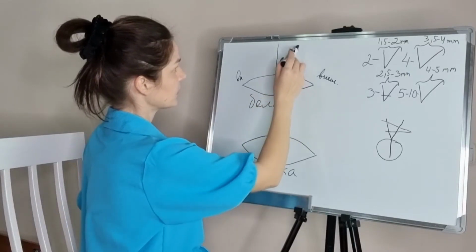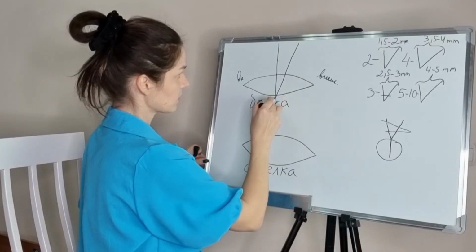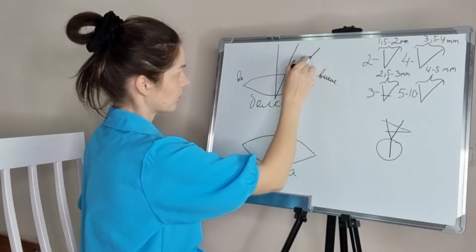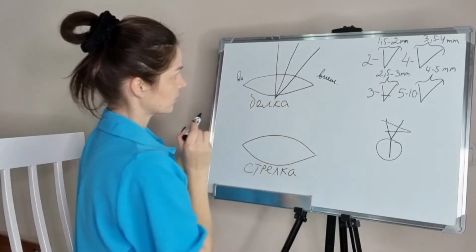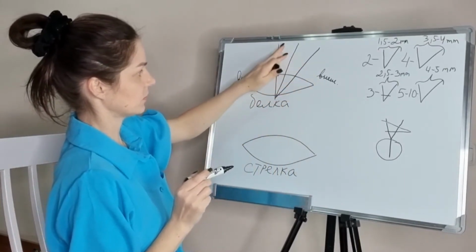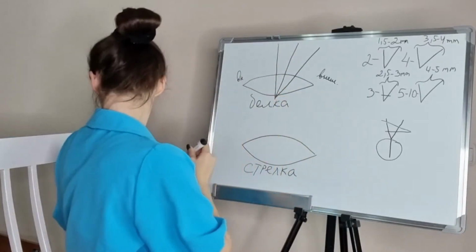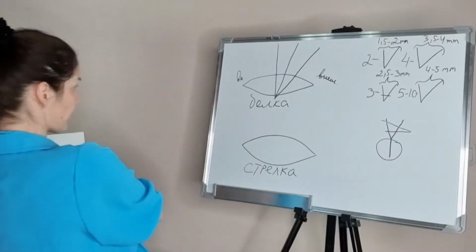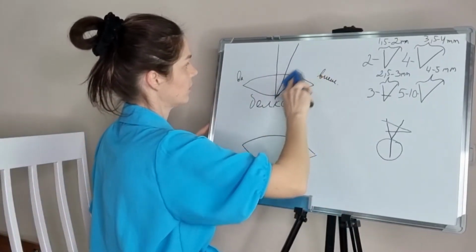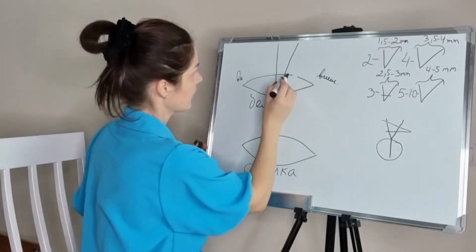We divide our eye from the outside into three parts to make a squirrel.